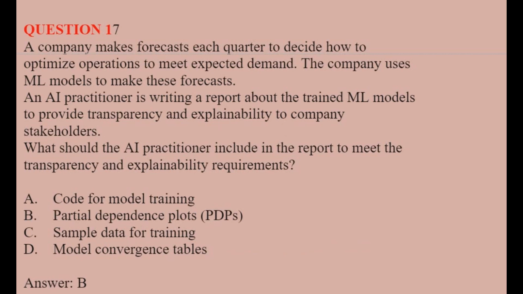What should the AI practitioner include in the report to meet the transparency and explainability requirements? Option A, code for model training. Option B, partial dependence plots, PDPs. Option C, sample data for training. Option D, model convergence tables. Correct answer is option B.